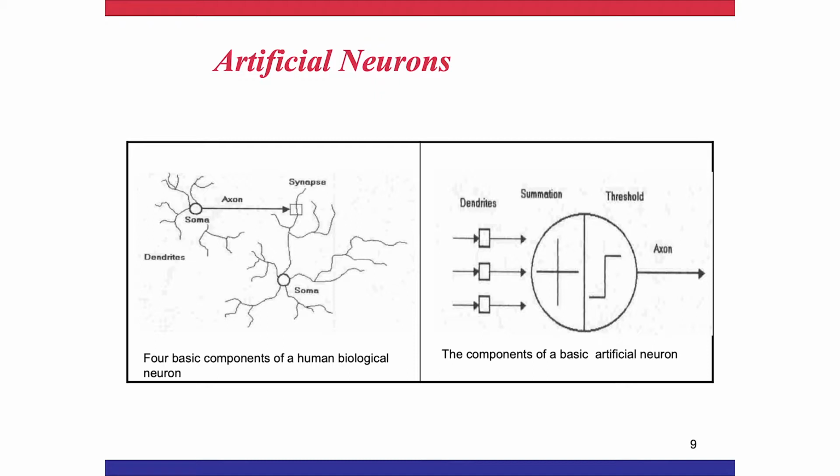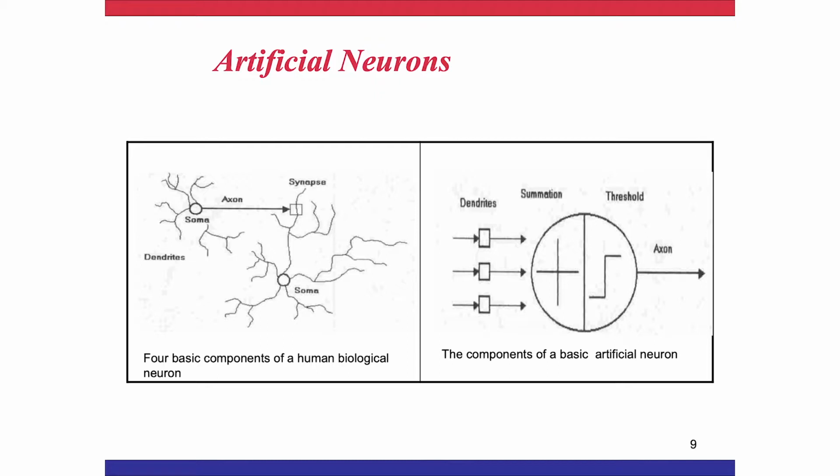The signal generated will be activated at the soma and transmitted through the axon to the next synapse, which brings the signal to the next soma of the next neuron. So there is a propagation of the signal with certain activations at each neuron cell, and the way it gets propagated defines a particular action.